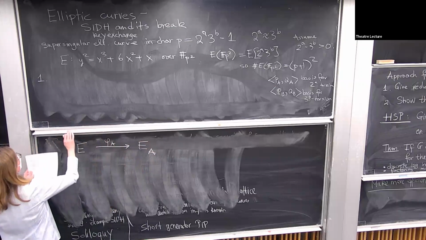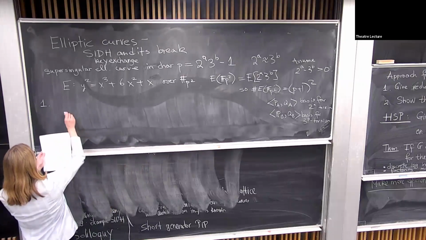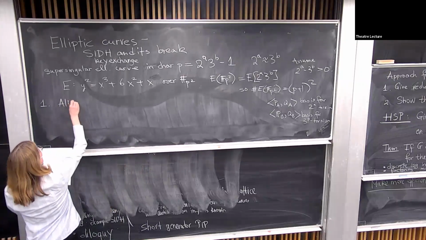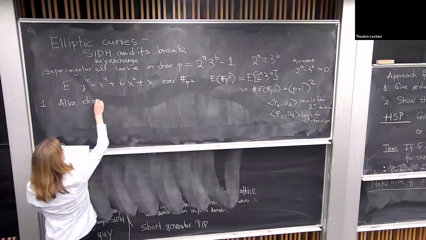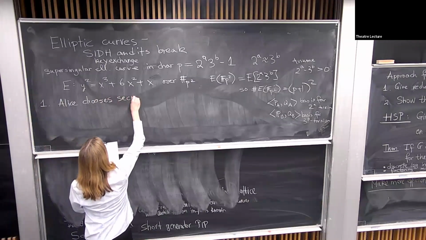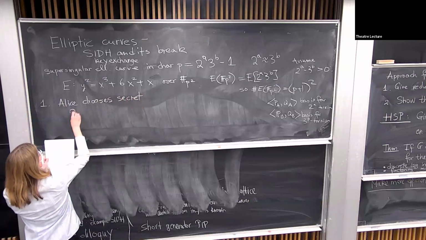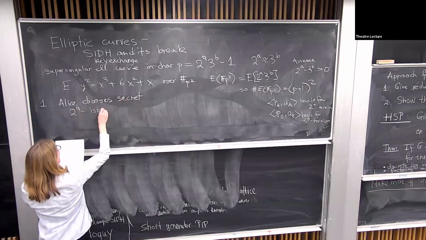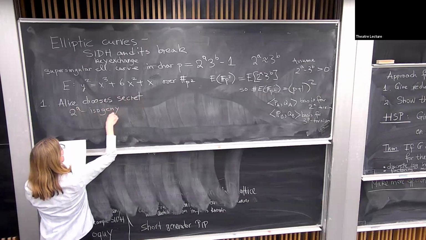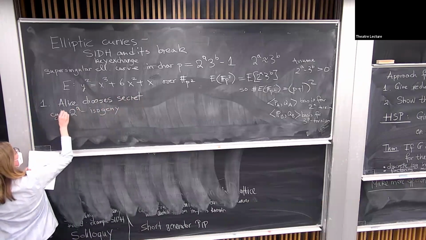I can specify the isogeny by its subgroup, and this is going to be a cyclic 2^a isogeny.